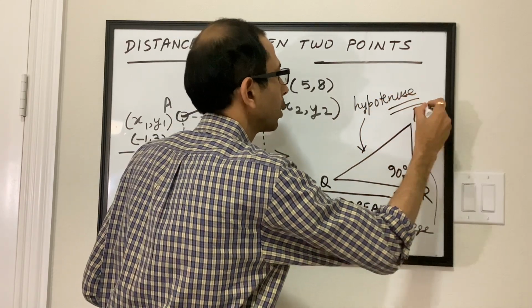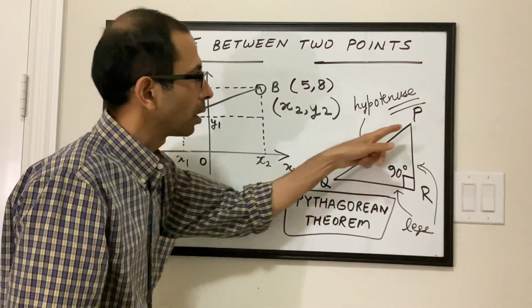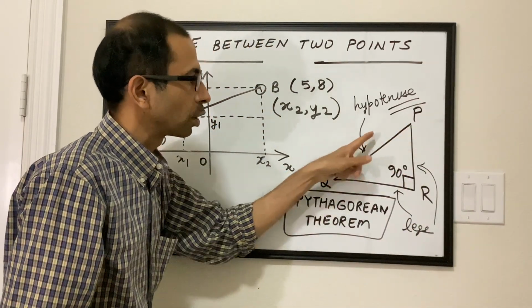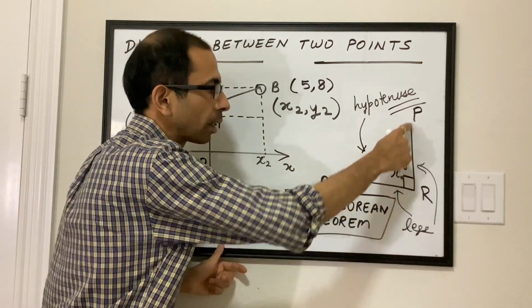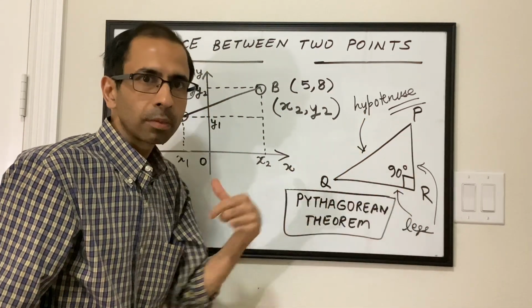So these are just some of the names which you need to remember. Again, length PQ, which is opposite to 90 degrees, is called the hypotenuse, and these two sides QR and PR are called the legs of the triangle.